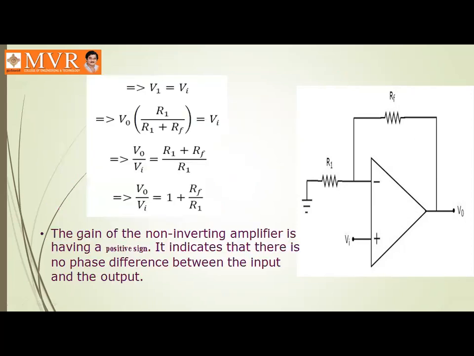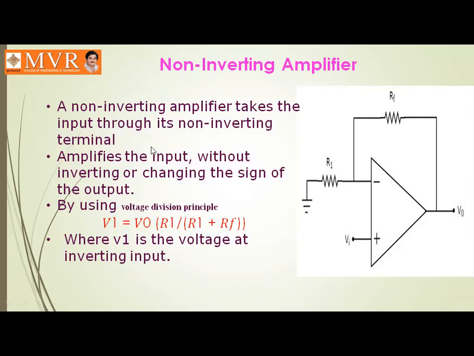Vi minus 0 divided by R1, and Vi minus V naught divided by Rf, which is equal to 0, will give the operation of this Opamp.